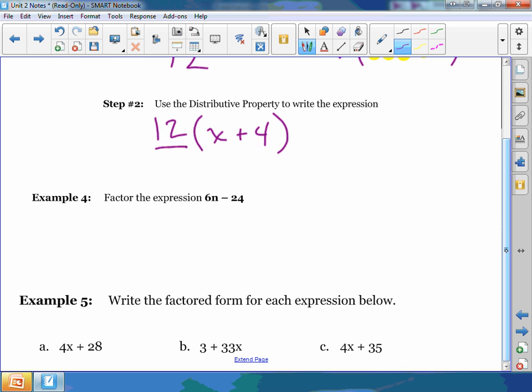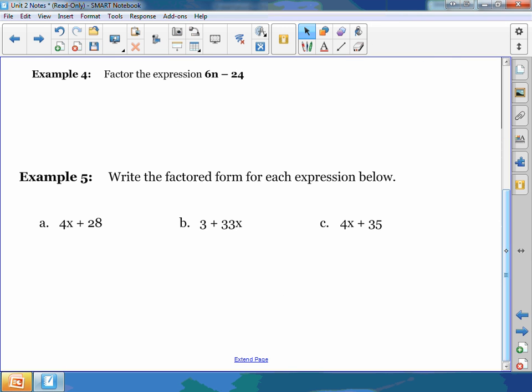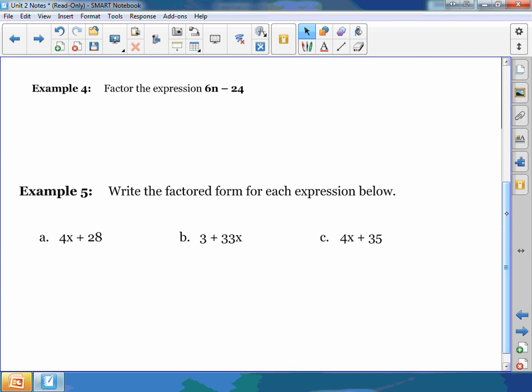6m minus 24. Search for that GCF. What is your GCF?